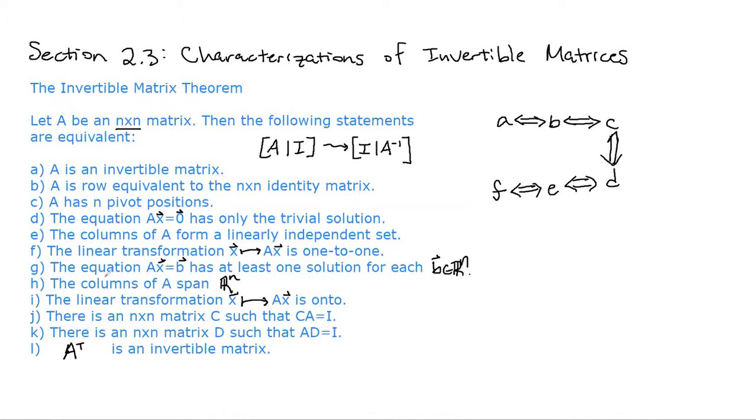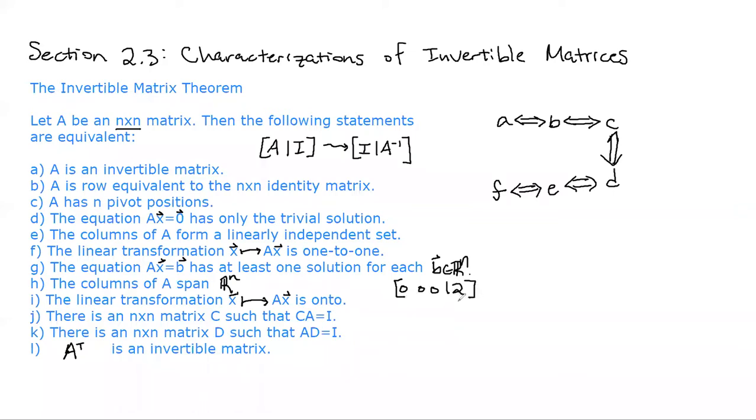All right, property G is the equation Ax equals b has at least one solution for every b in Rn. Now, when does Ax equal b have a solution for every single b in Rn? That happens when we have a pivot position in every single row, because that means we can't ever have a row that looks like zeros all on the left-hand side of the augment and something non-zero on the other.